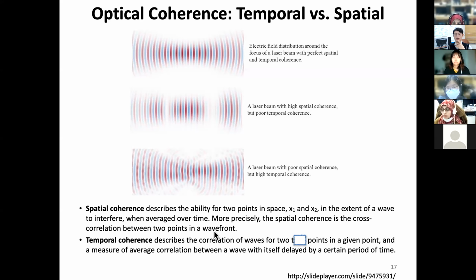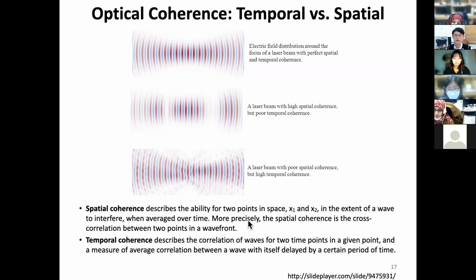Let's see, Suhyun. Temporal coherence describes the correlation of waves for two time points. Exactly. A time point at a given point, and a measure of average correlation between a wave with itself delayed by a certain period of time.